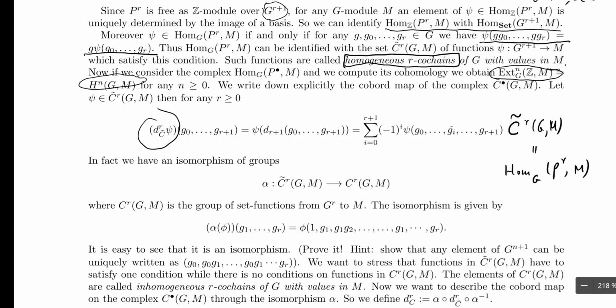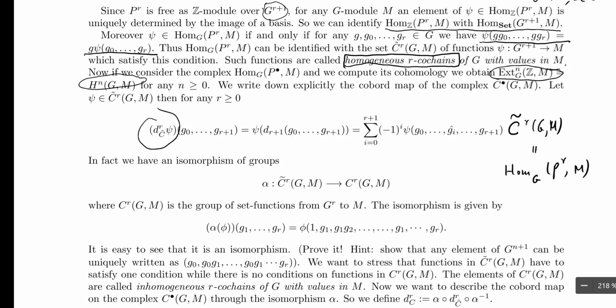So by using the projective resolution of the category of G-modules to compute this group homology, it's the same as computing the complex of homogeneous R-cochains.